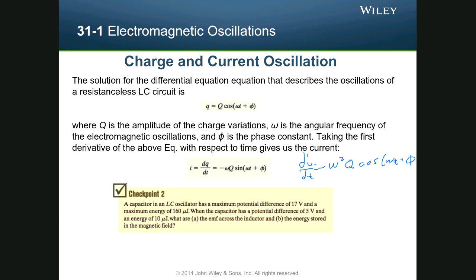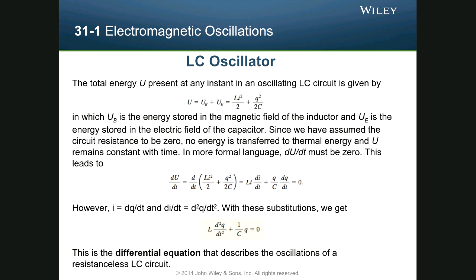All right? So what you can do is plug this equation back in. You can get those two terms, plug that dI/dt term here, and plug in the q term here in this equation, and you'll find that when you multiply everything out, it will all equal 0.